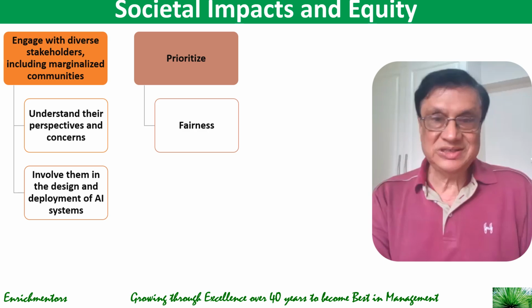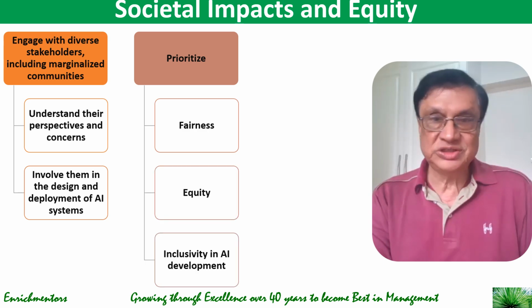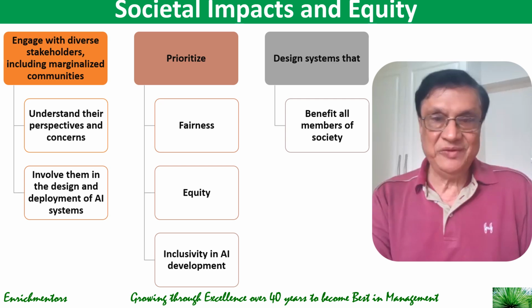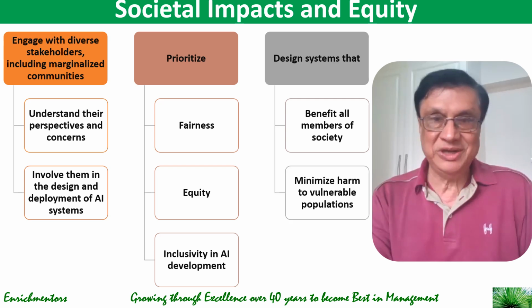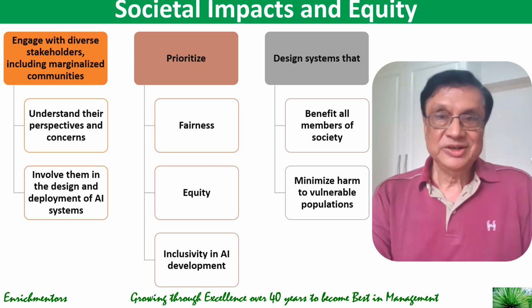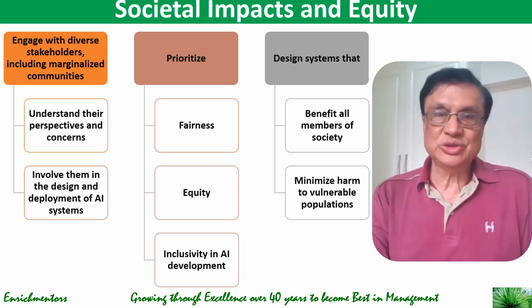Also, prioritize fairness, equity, and inclusivity in AI development by designing systems that benefit all members of society and minimize harm to vulnerable populations. So that's what you can do to be ethical in societal impacts and equity.